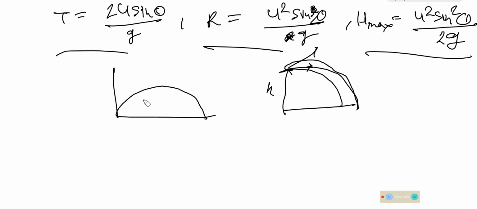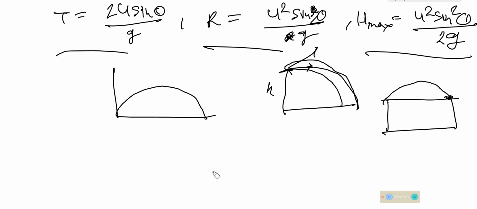So in this case we can use these formulas. If the projectile motion is like this, then from here to here we can use these formulas, but for a non-complete projectile we cannot use these formulas directly.